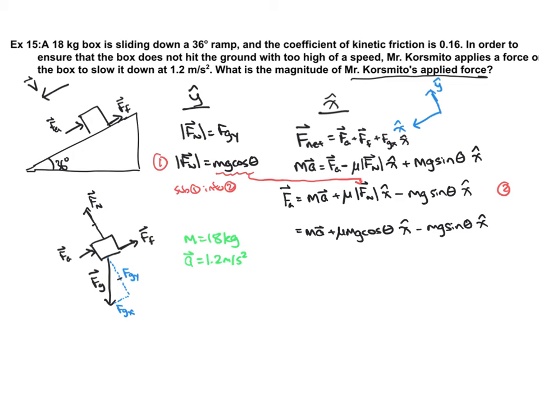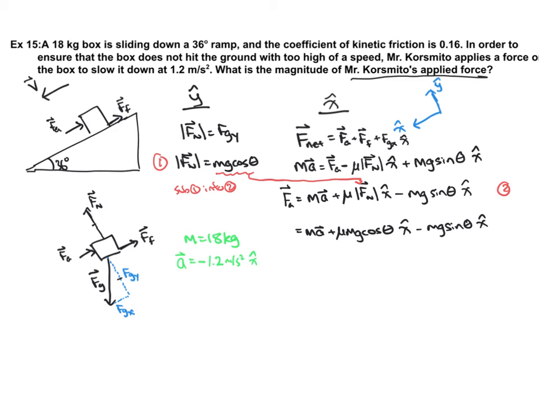Well, the box is supposed to be getting slowed down, so the acceleration should be in the opposite direction that it's moving. So it's actually in the negative x direction. So should add a negative there. Okay, so acceleration is negative 1.2 meters per second squared x hat.